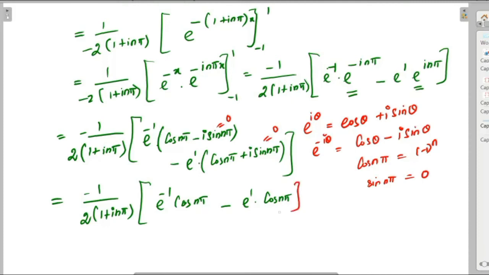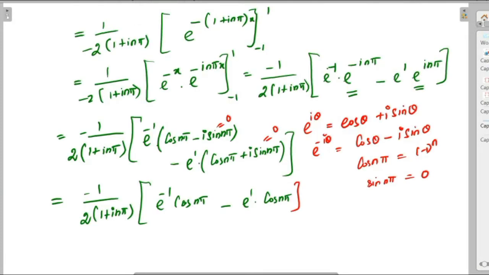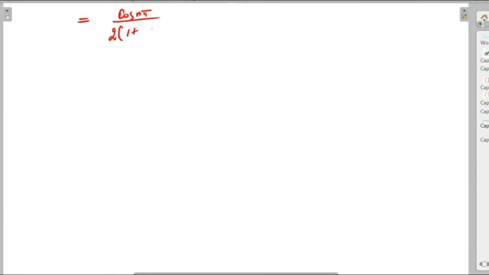Now I'm going to take cos nπ as a common term, and also multiply the minus inside the close bracket. From that you may get cos nπ into 1 over 2(1 + inπ), and inside the close bracket you may get e^1 − e^−1.